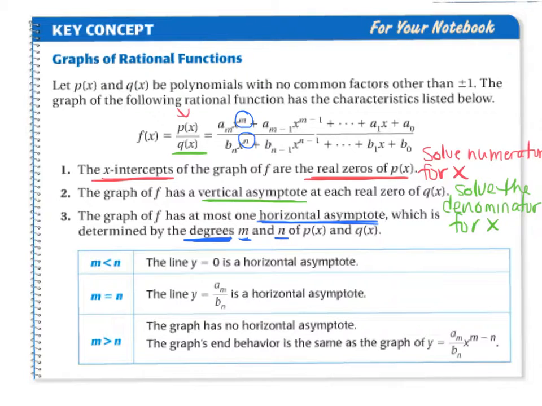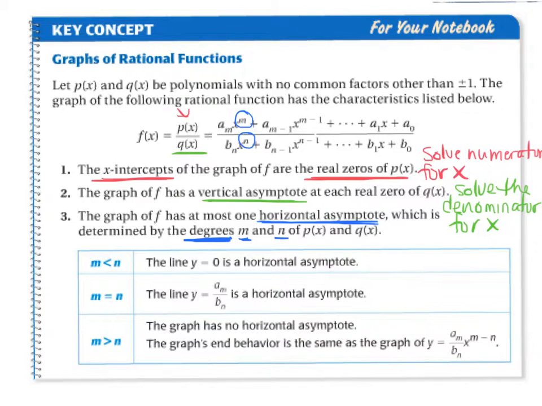So first off, if the degree of the numerator is less than the degree of the denominator, you will have a horizontal asymptote at y equals 0. If the degrees are equal, you will simply take the leading coefficients and divide them as you did in the previous video. That will be the location of your horizontal asymptote. If the degree of your numerator is greater than the degree of your denominator, you have no horizontal asymptote. So you're going to need to use this chart to help you decide where your horizontal asymptotes are.